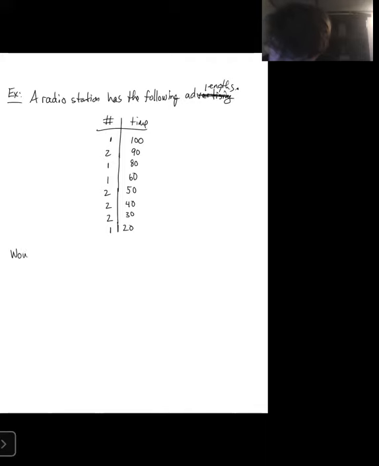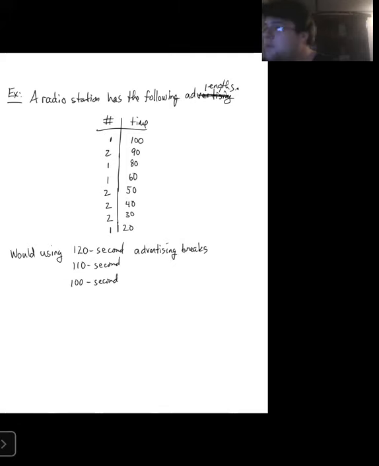Would using 120-second, 110-second, or 100-second advertising breaks, which of these three will be better?